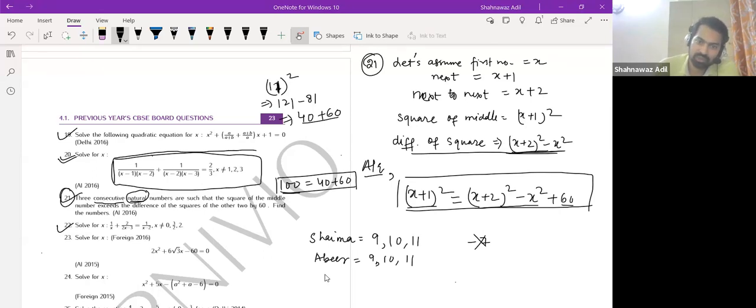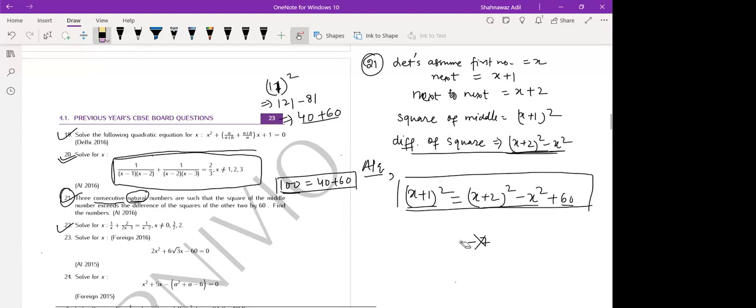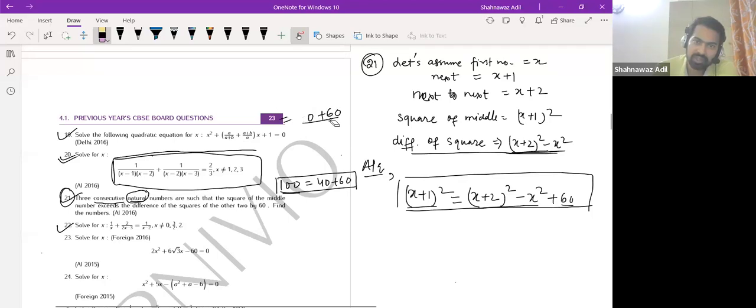So Shoaib is also getting 9, 10, and 11. Now it is your turn, Abir. You guys noted this part, right? Yes, sir. Good. So now let us erase this.